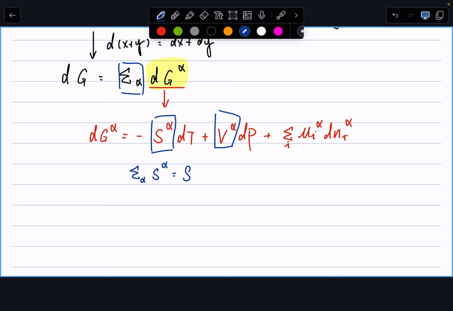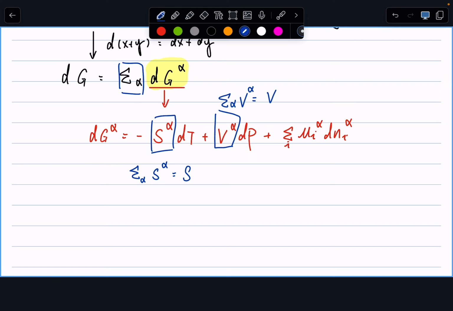So the volume of all the liquid part plus the volume of all the gas part must equal the total volume of my system, given my system only contains liquid and vapor. And these are true because volume and entropy are extensive state functions.